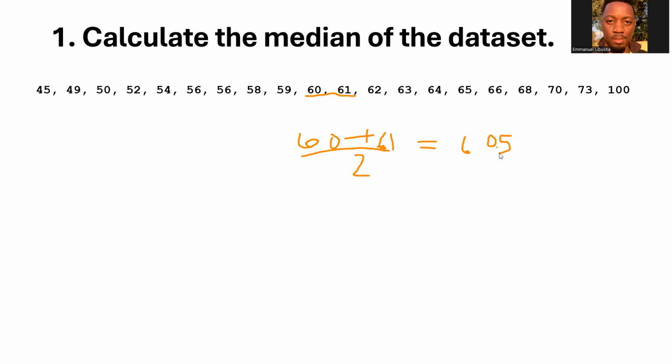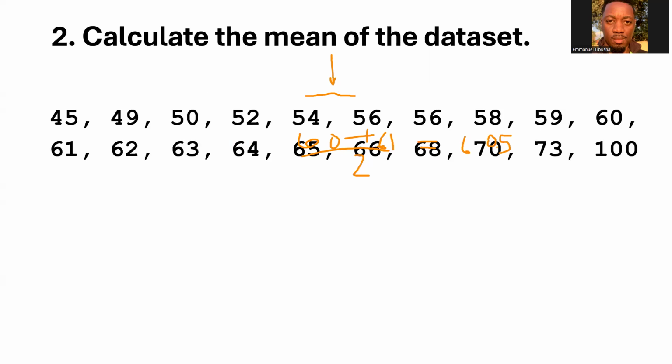That becomes our median. Then let's proceed. As we proceed, you will see that everything becomes simpler and easier when you start following this particular concept of how you do the numbers.